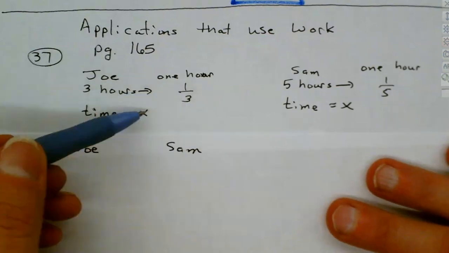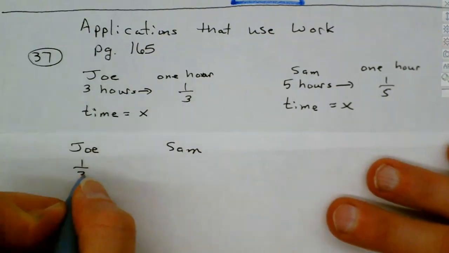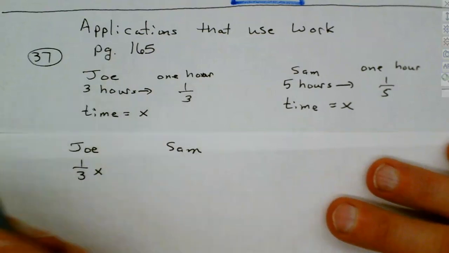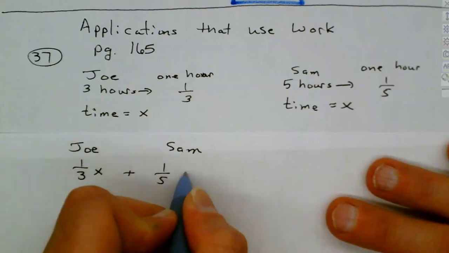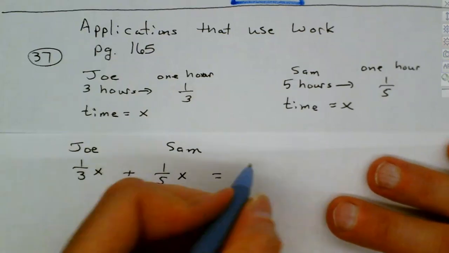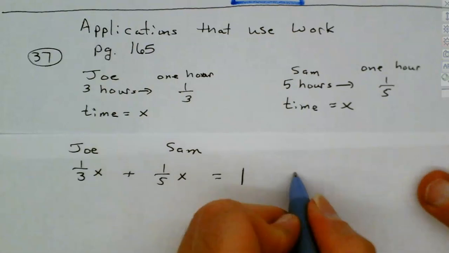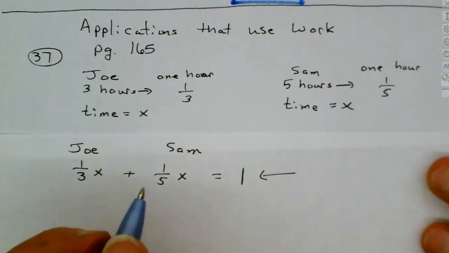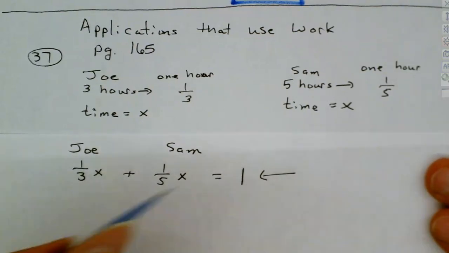For Joe, we use 1/3 X because those go together. Sam is going to help him, so that's 1/5 X, and it's going to equal 1. Why is it going to equal 1? It equals 1 because we paint one house.